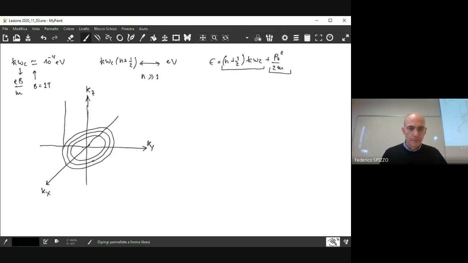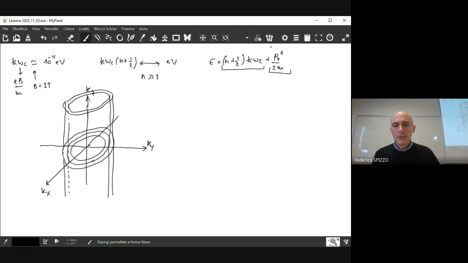So the idea is that this quantization, with the quantum number along the XY direction and a second quantum number along the Z direction, produces the fact that, depending on n, in the reciprocal space you have a family of cylinders.